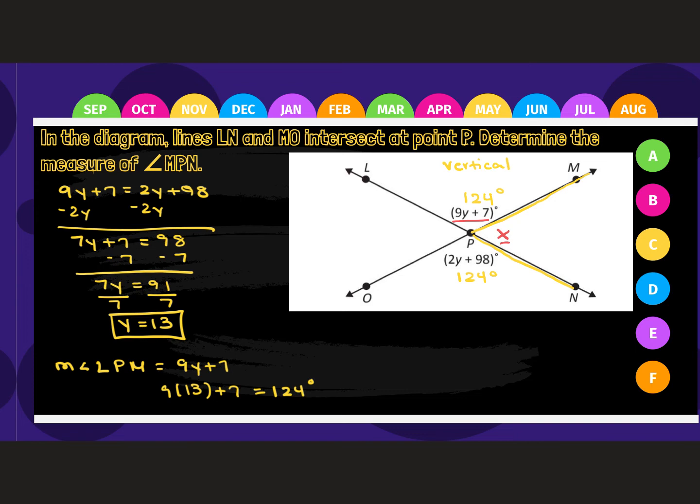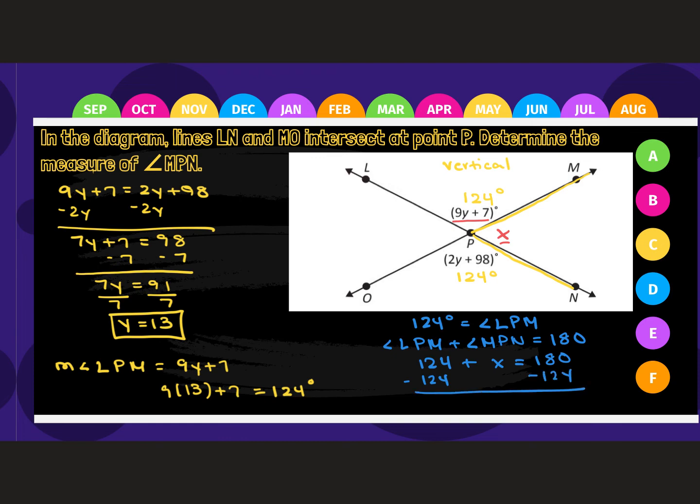We know that 124 degrees is equal to the measure of LPM, and we know that LPM plus MPN is equal to 180 degrees. So we have 124 plus X is equal to 180 degrees. Subtract 124 from both sides, and we get that X is equal to 56 degrees.